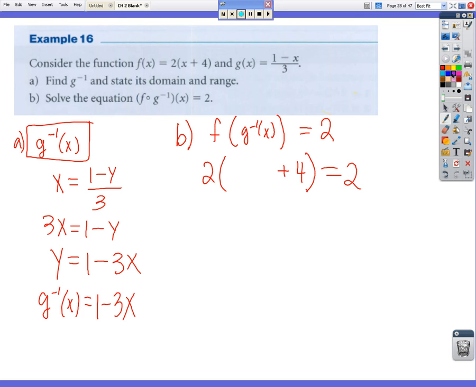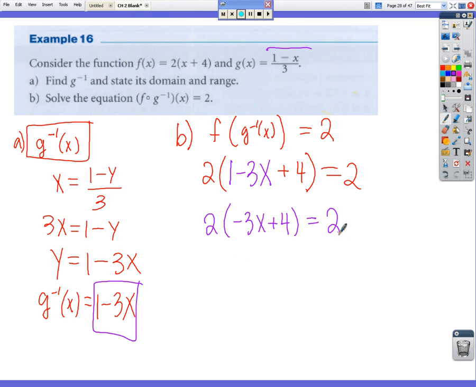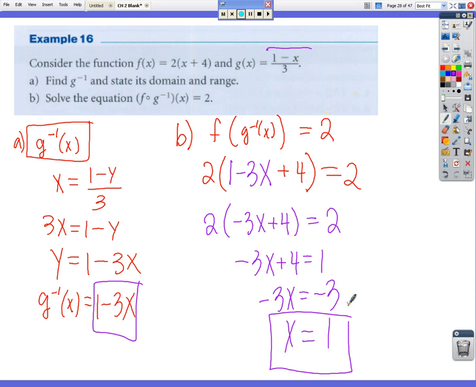The x value that I'm going to put in would be the G inverse, which is here, which would be 1 minus 3x. And so we end up with 2 times (1 minus 3x) plus 4 equals 2. I'm going to divide by 2. I'm going to subtract 4. And I'm going to divide by -3. There's my x value.